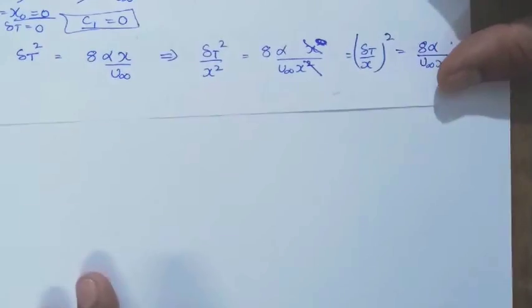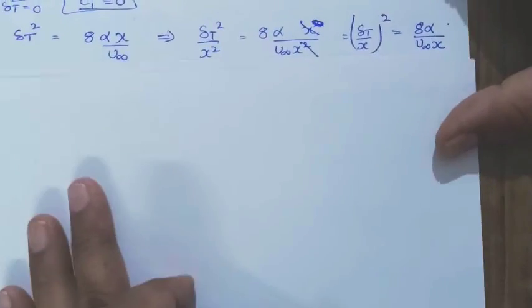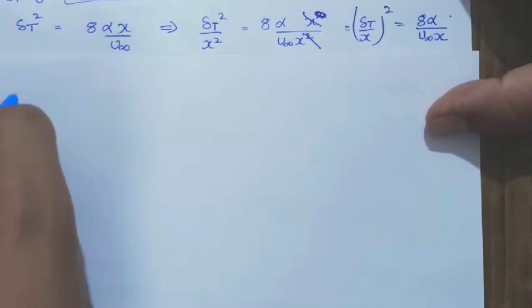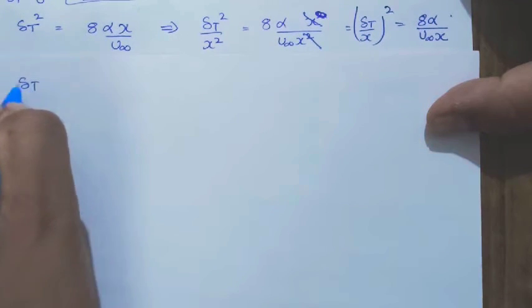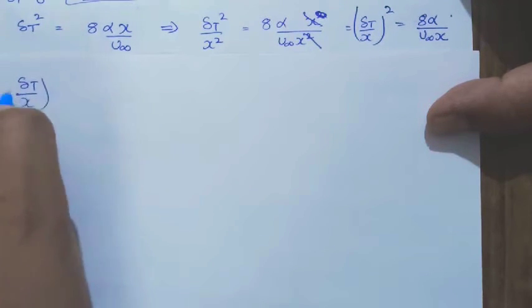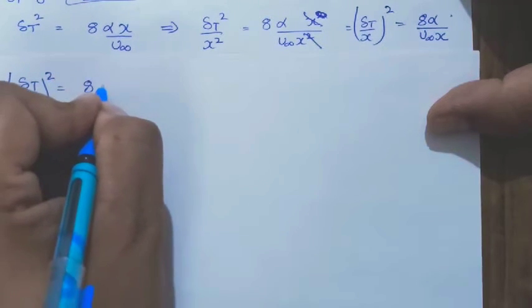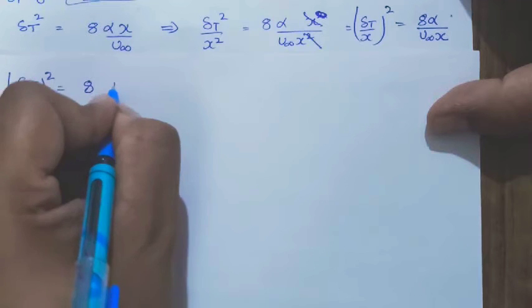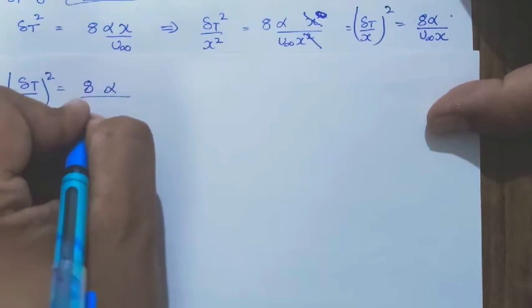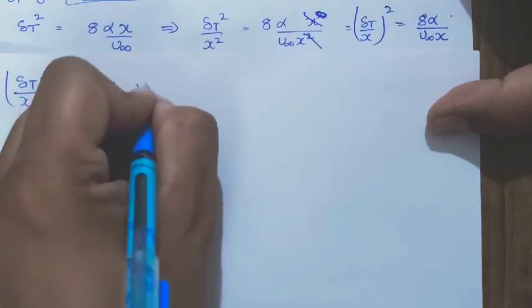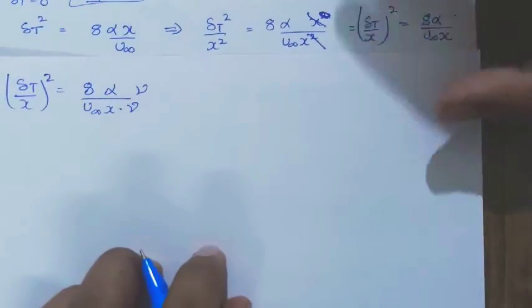So if I put this relation, what I do is I multiply and divide alpha by the kinematic viscosity, right?